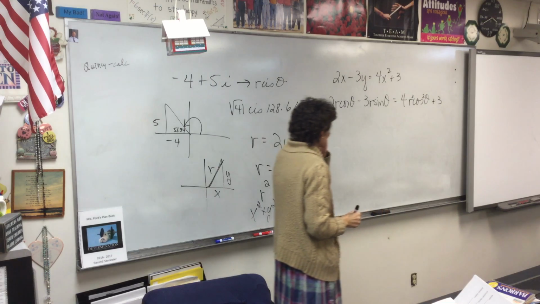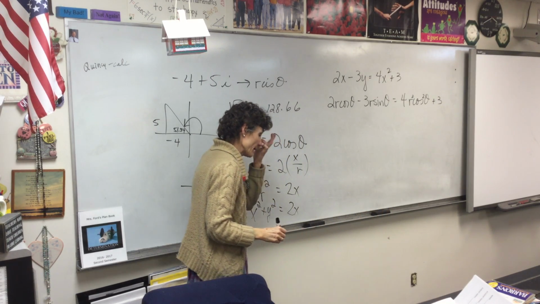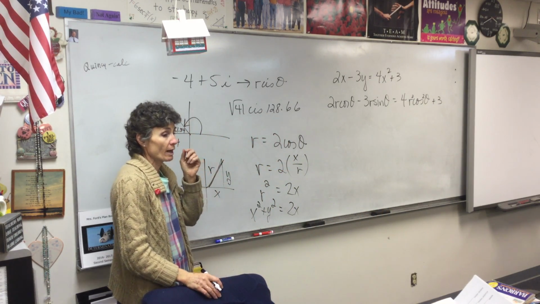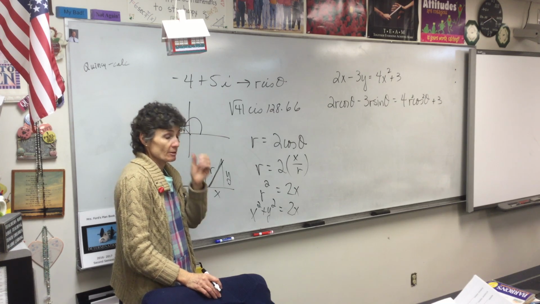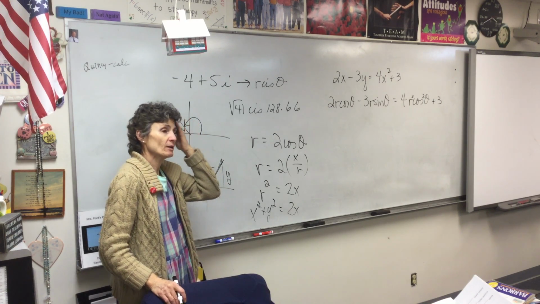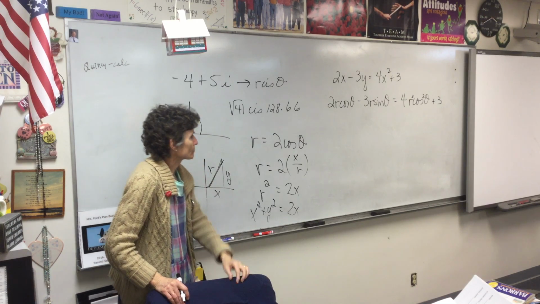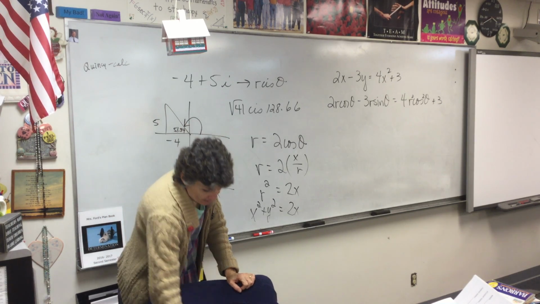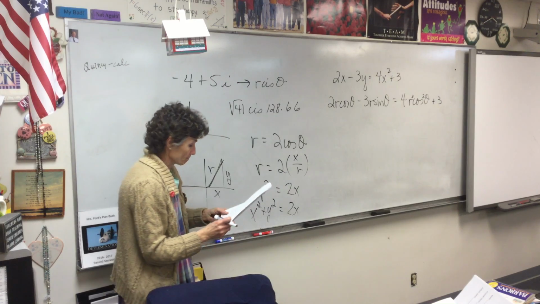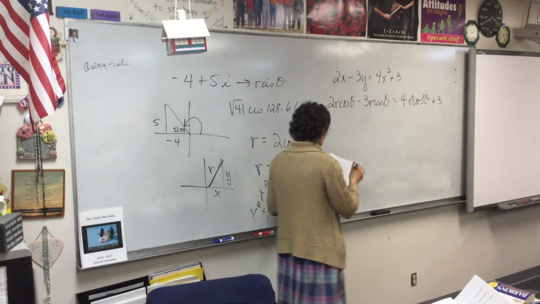Here we go. Every x became an r cosine, every y became an r sine. That's all you have to do. There's nothing else to do with this one. This is like the test.